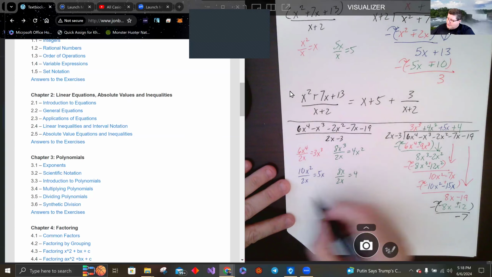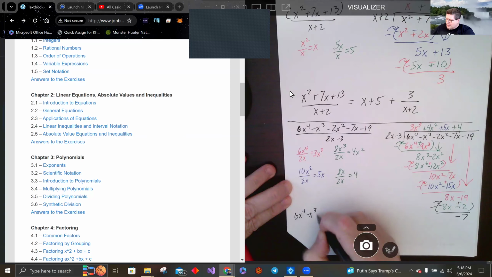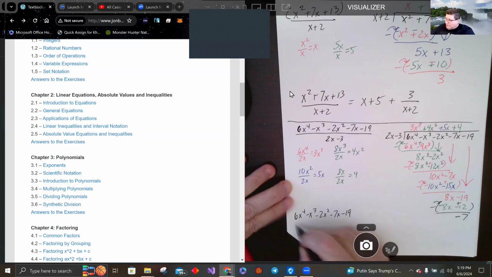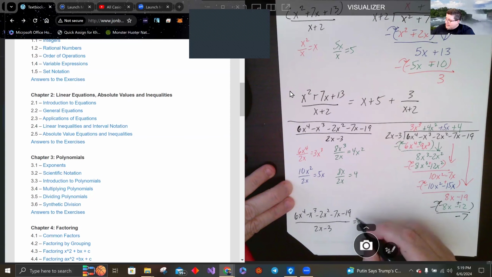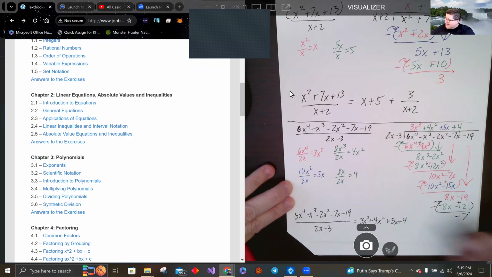So 6x to the 4th minus x cubed minus 2x squared minus 7x minus 19 over 2x minus 3 equals 3x cubed plus 4x squared plus 5x plus 4 minus 7 over 2x minus 3.